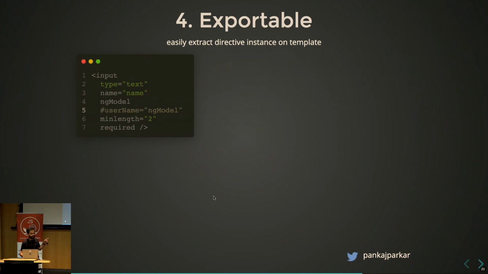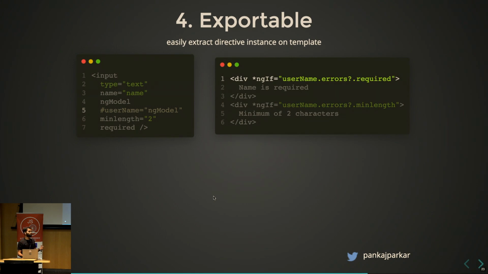So over here you will see one thing which is line number 5. In this case, it is saying #username equals ngModel. So this is a template variable syntax that is used in Angular. What it is doing, behind the scenes, it takes the instance of the ngModel directive and puts it on the template variable called username. Okay.